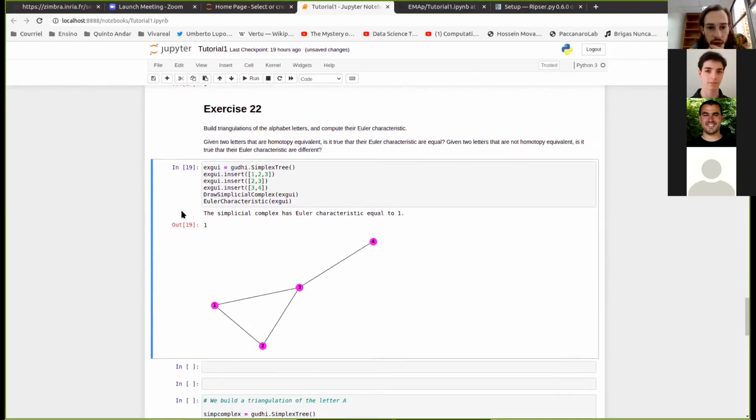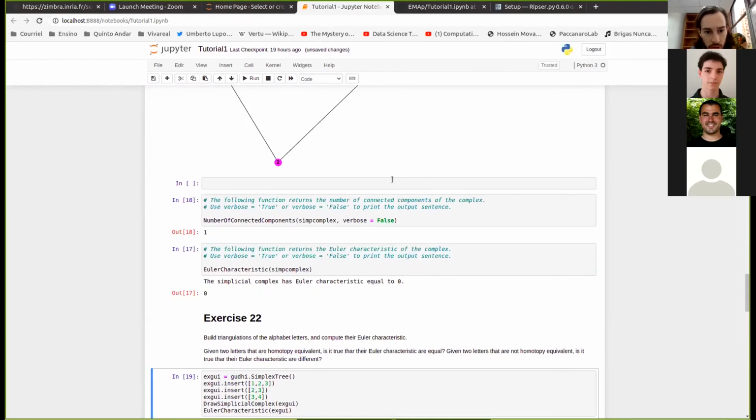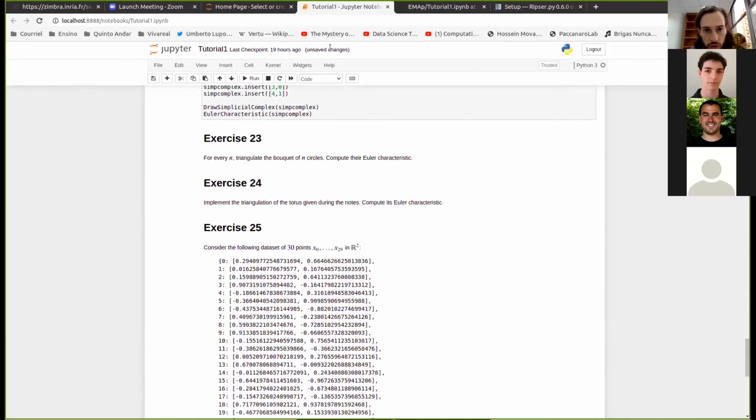Yeah, I make a drawing. Bouquet of n circles. This is, for instance, a bouquet of 3 circles.